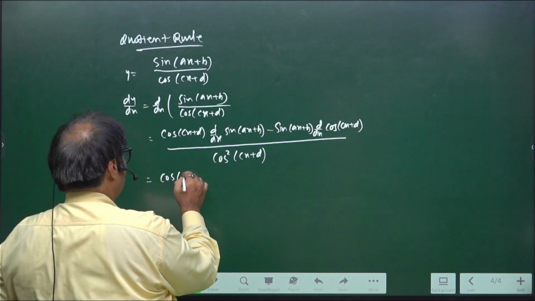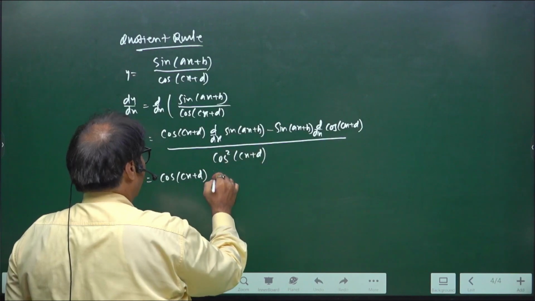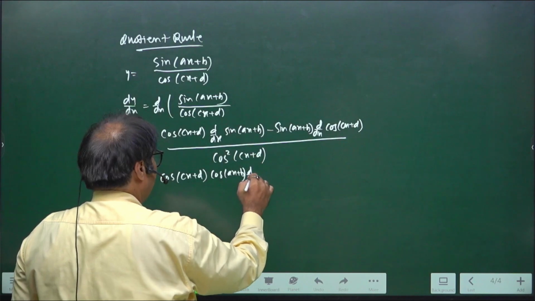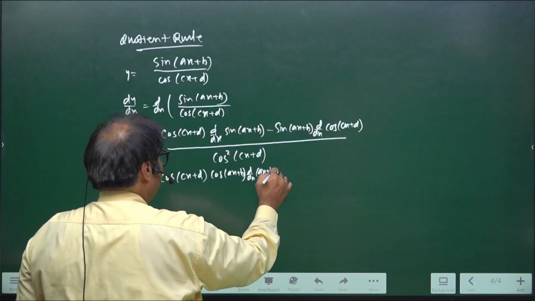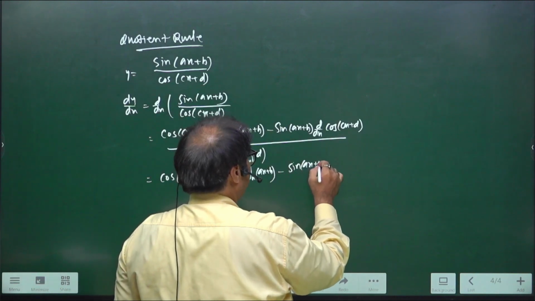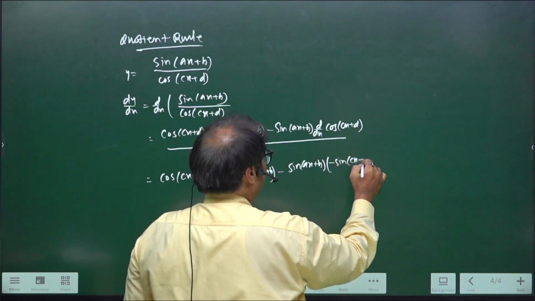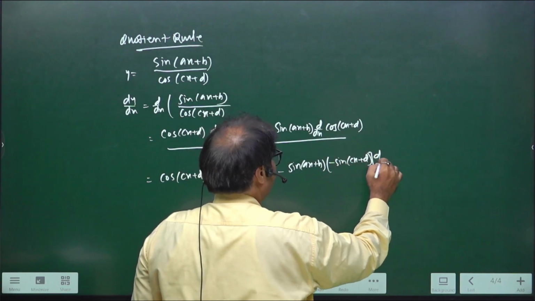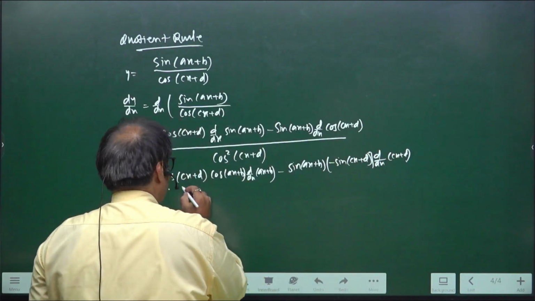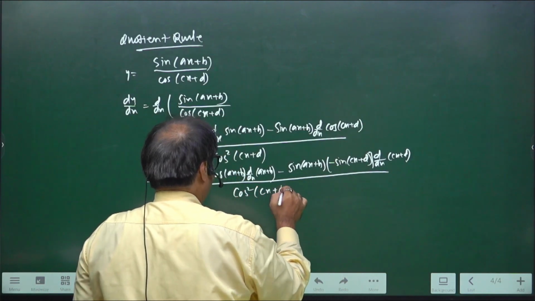So cos of cx plus d, derivative of sin theta will be cos theta, so theta is ax plus b, and now what is left? D by dx of ax plus b, and minus sin theta, sin ax plus b, and the derivative of cos theta is minus sin theta, so cx plus d, and what is left? Derivative of cx plus d, divided by cos square cx plus d.